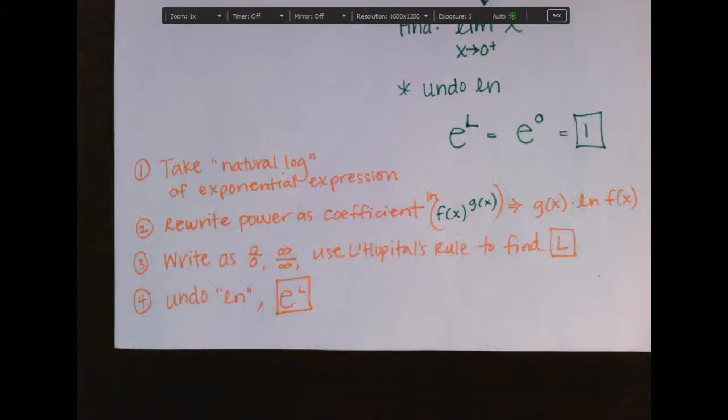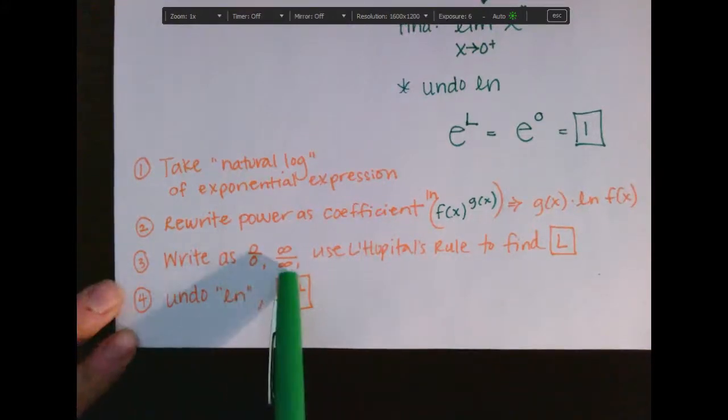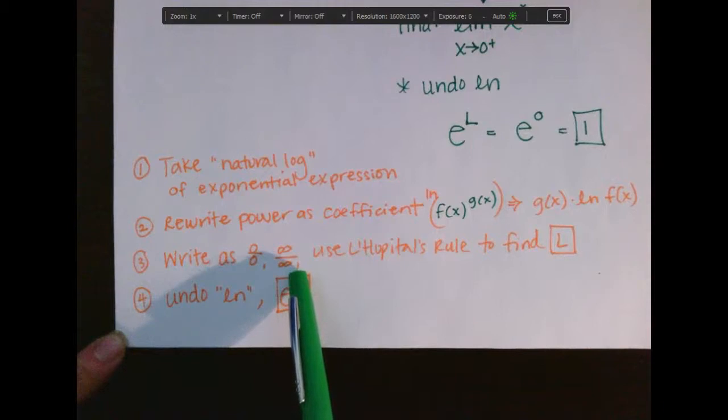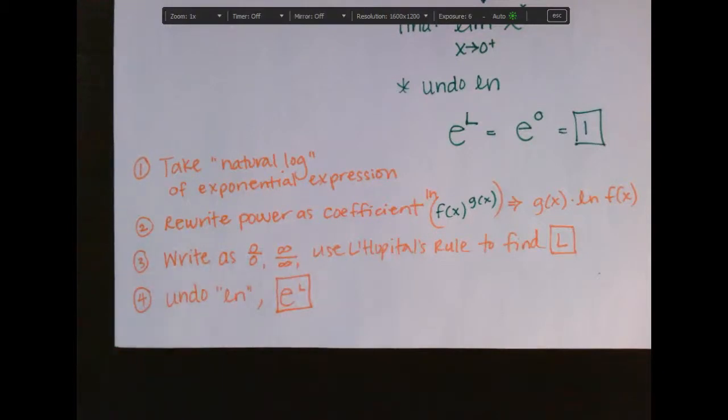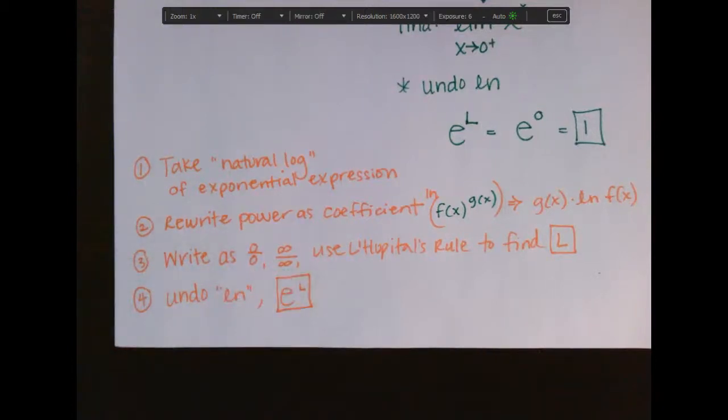There are lots of different forms. We started with the form of 0 over 0 and infinity over infinity, where we didn't really have to rewrite anything. It was already prepped to go. And then we looked at 0 times infinity, infinity minus infinity, and then all of these exponential forms. So they all come back down to these two, which are the required forms for your L'Hopital in order to use your L'Hopital rule.